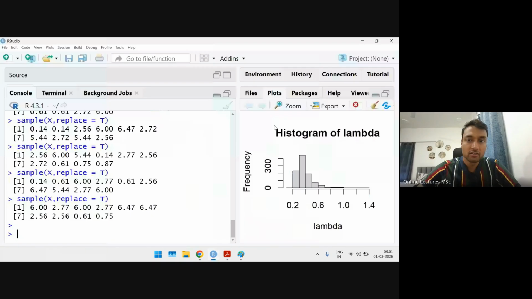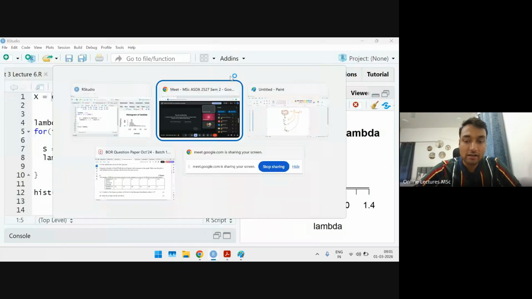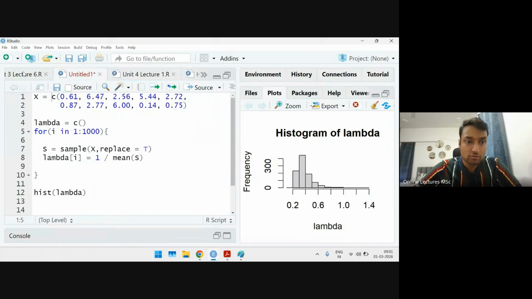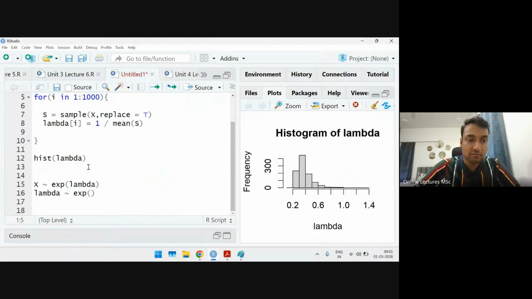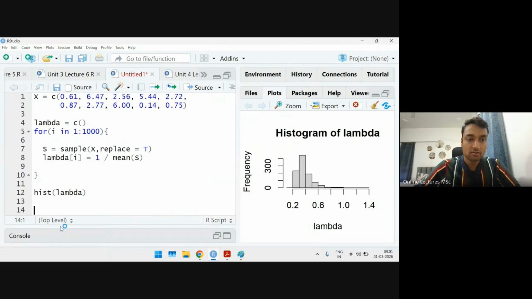Okay, great. So that is not the end of the question. The question also says find the 95% confidence interval of lambda. How will I find the 95% confidence interval now? That is what you guys will tell me. I will not tell. If I have a distribution in front of me, how can I calculate a 95% confidence interval?